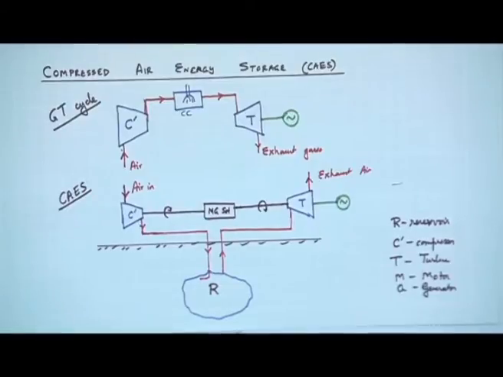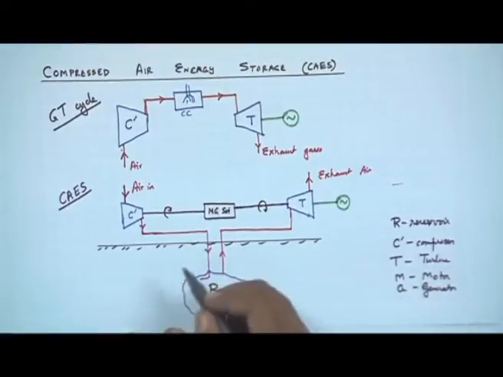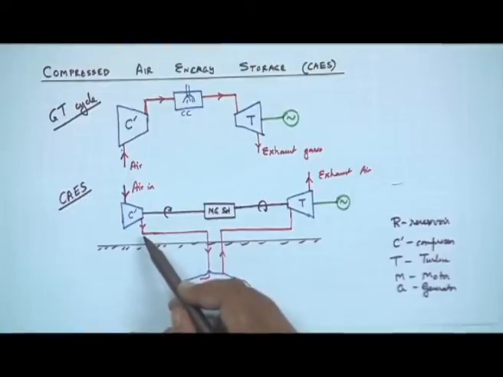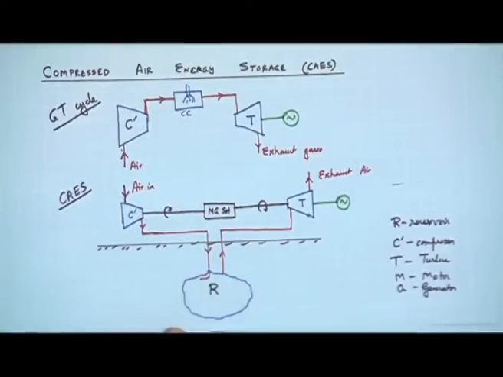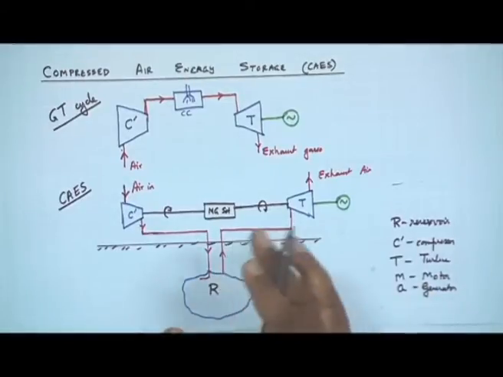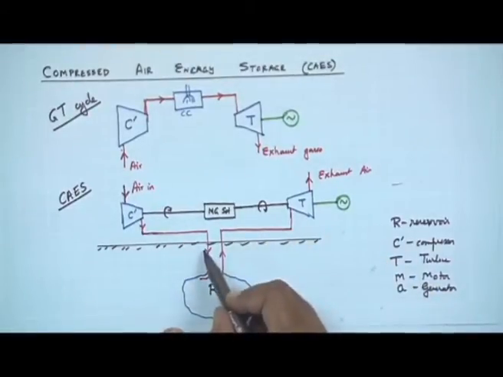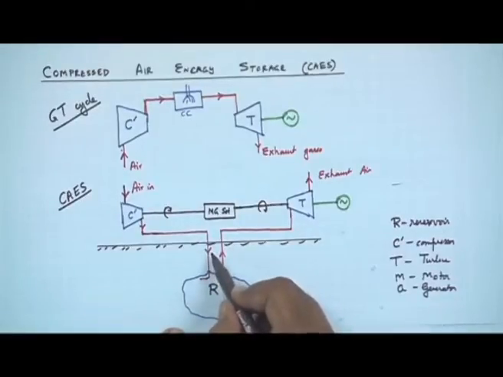Now, typically there is a little variation to this. No, there are several variations to this, but even in the regular case, the air that comes after compression is at a high temperature. Now, if you put it in a reservoir, what will happen? It will lose heat definitely, but if I can bring down the temperature at the high pressure itself, then what happens?